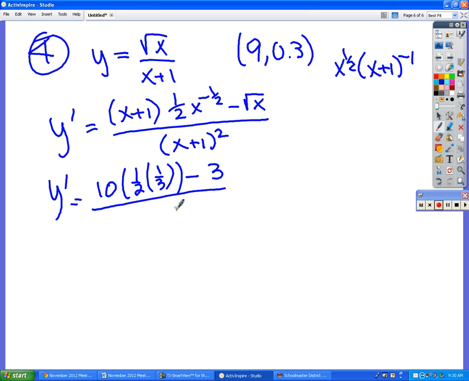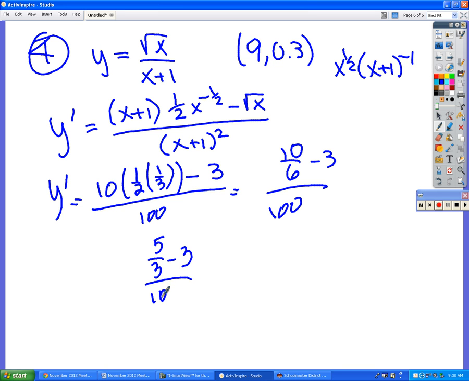All over 9 plus 1 squared, which is 100. So what's 10 times 1/2 times 1/3? 10 sixths. 5. What's that? 5. Okay, so 10 sixths reduces to 5/3 minus 3 over 100.